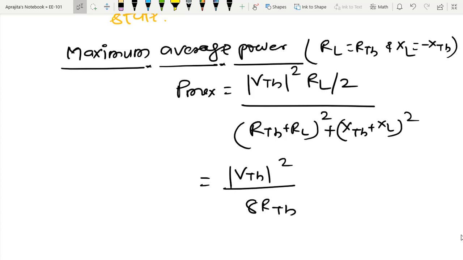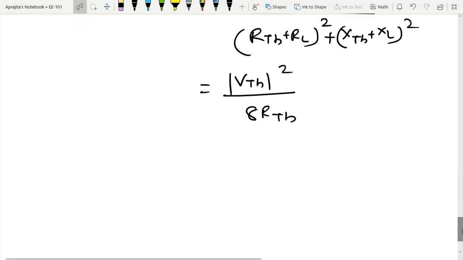Now from this result, you are also able to retrace the result from the previous part of this course by just setting XL equal to 0, meaning the reactive part equal to 0. Then again you are able to get the same result. So let us write that as a remark.